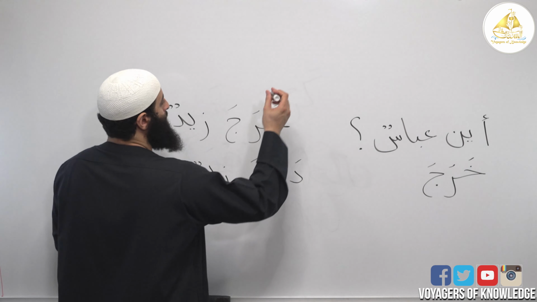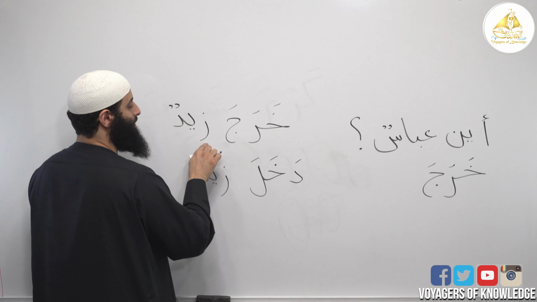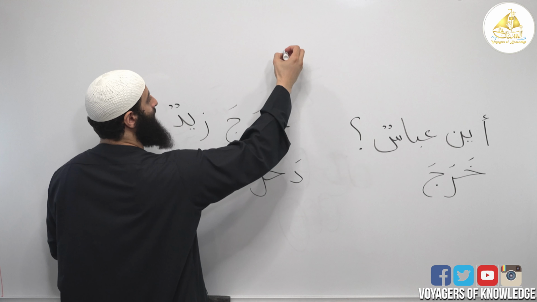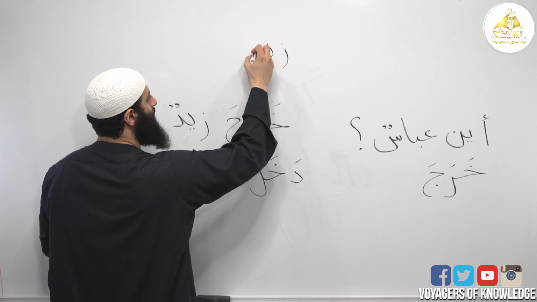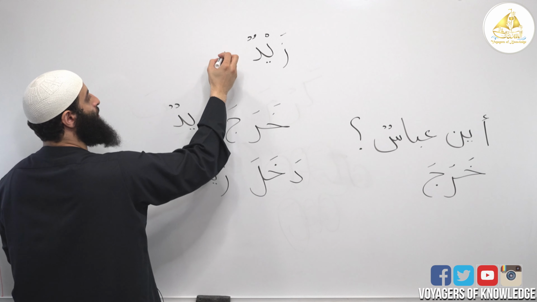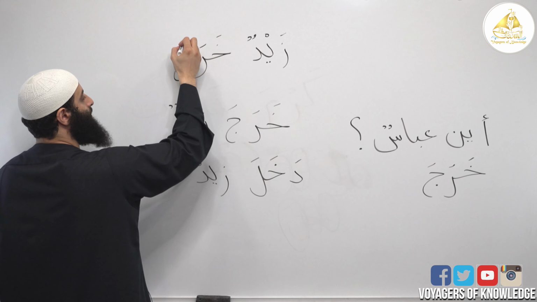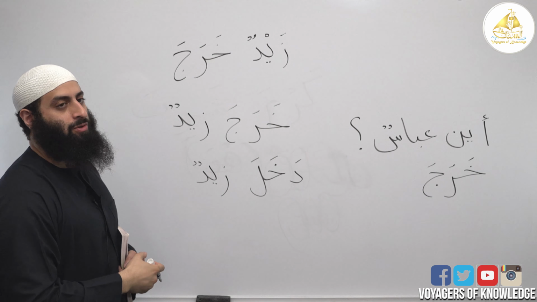Now here's one more thing that we have to go over. By changing where the person is doing the action, this individual here, Zayd, we don't want to say Zaydun second. We want to say Zaydun first. Zaydun kharaja.